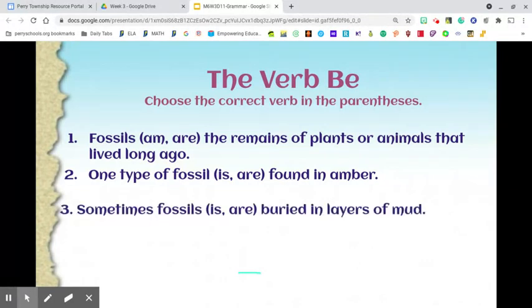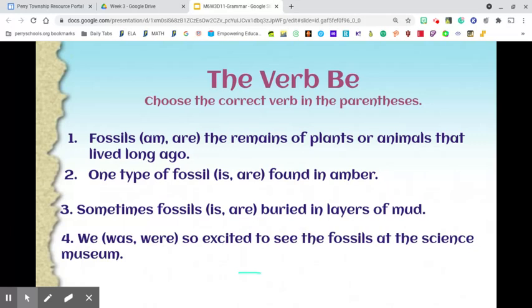Sometimes fossils is or are buried in layers of mud. You should have said are. This one's different than the one before. The one before we had singular fossil, but this time we have plural fossils because we added the S. So instead of saying is, we're going to say are. Sometimes fossils are buried in layers of mud.